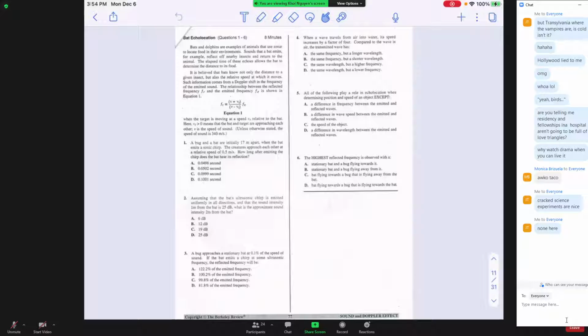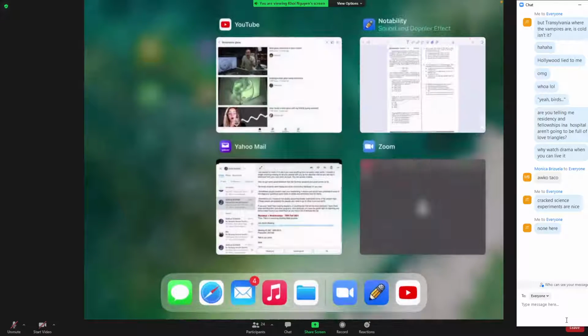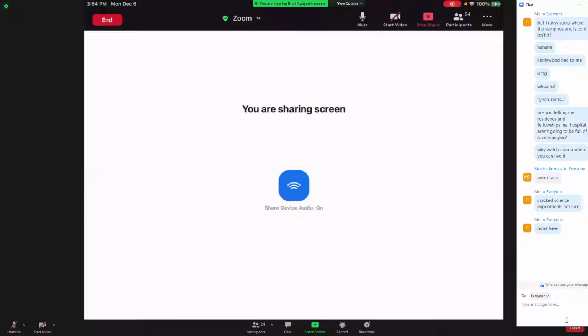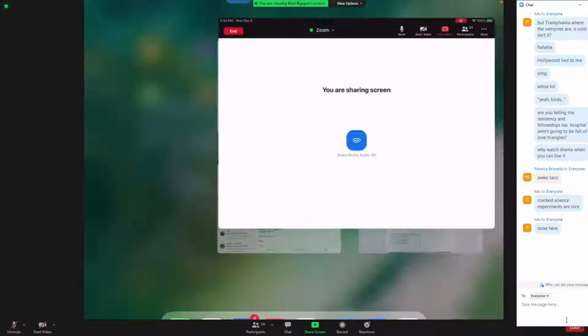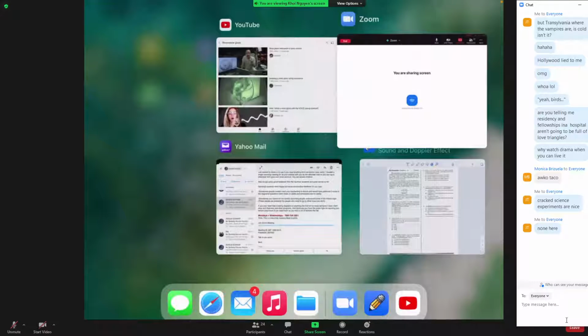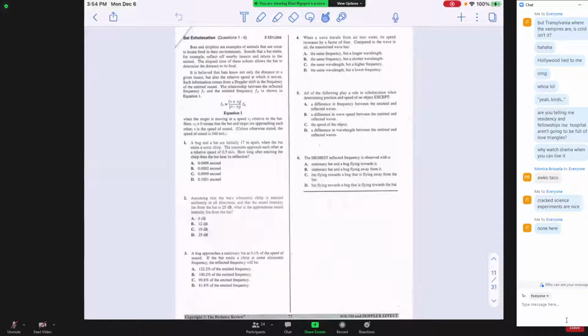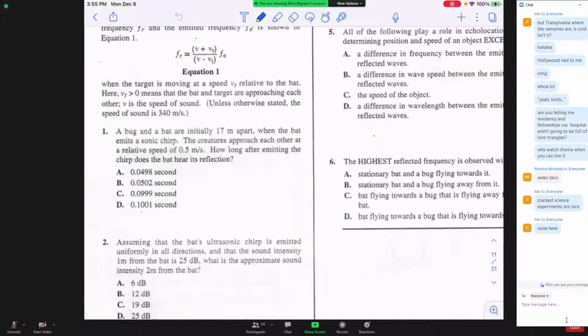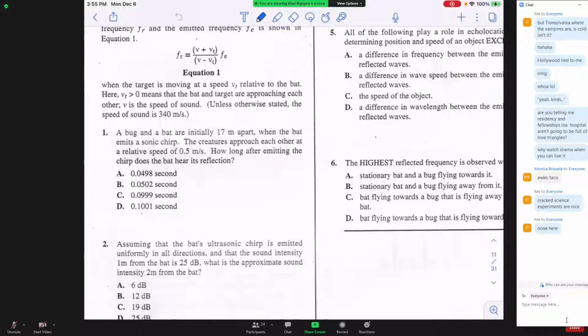Any questions? Hopefully everyone did semi all right, but let's go through the answers. So we know a bug and bat are 17 meters apart.